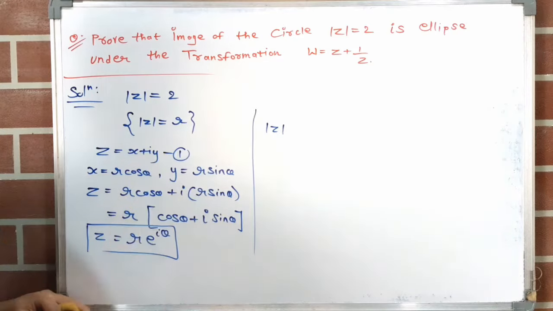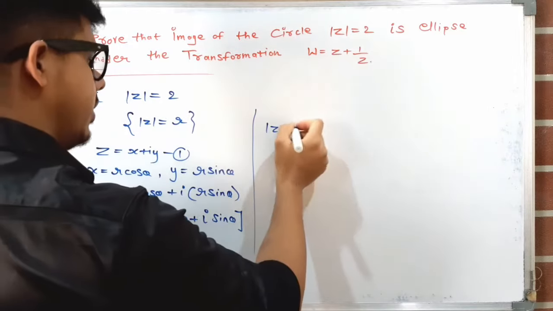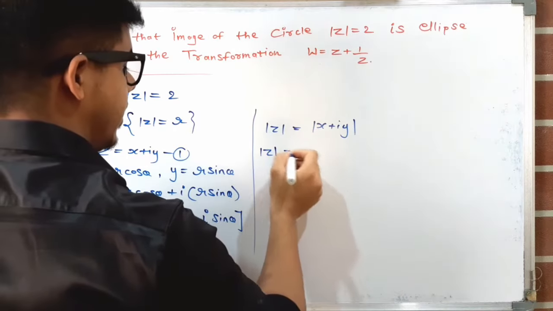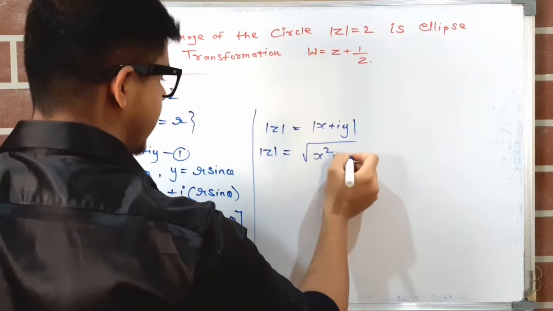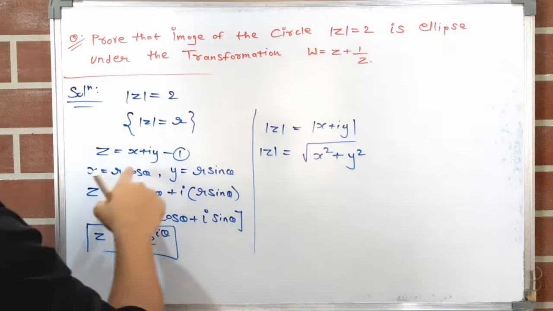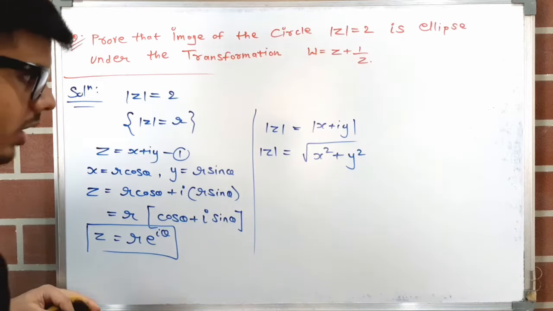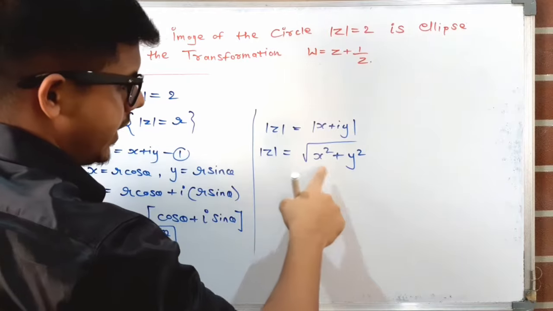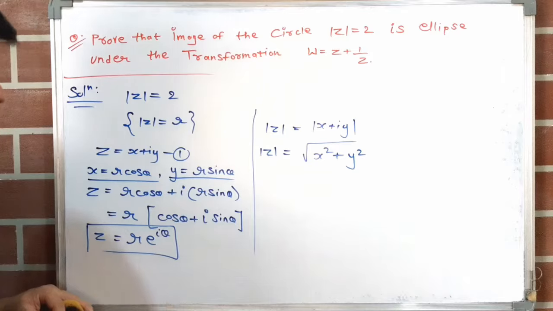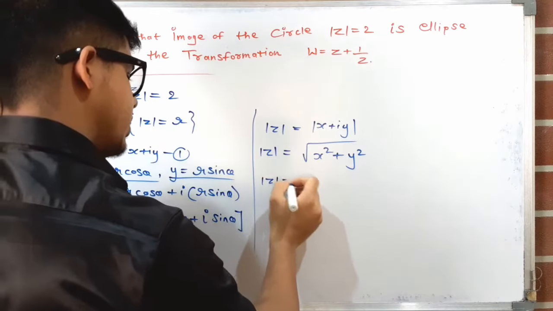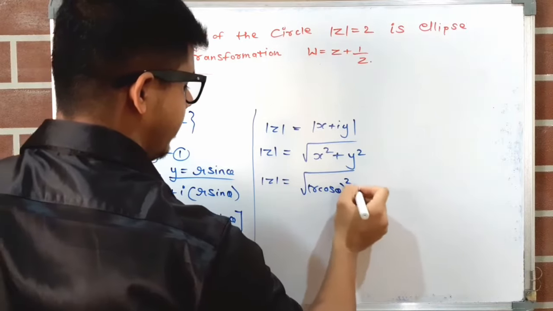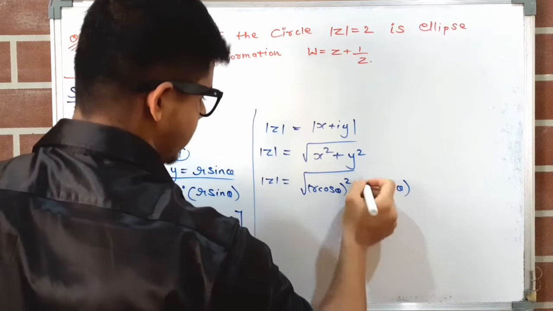Now taking modulus on both sides of equation 1, we get |x + iy|. This can be written as the square root of real part square plus imaginary part square. This is the modulus of this complex number. So |z| = under root of x square plus y square. Now what are x and y? x is r cos theta and y is r sin theta, so substitute here. So |z| = under root of (r cos theta) whole square plus (r sin theta) whole square.